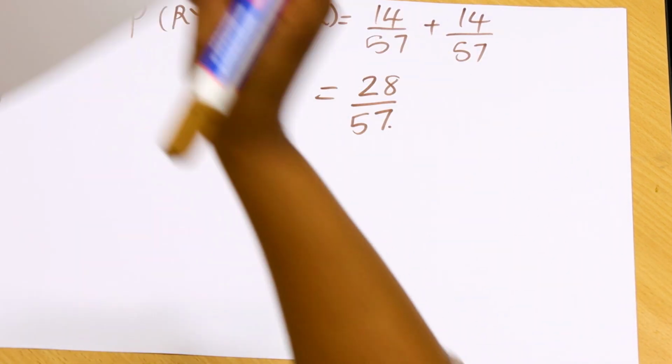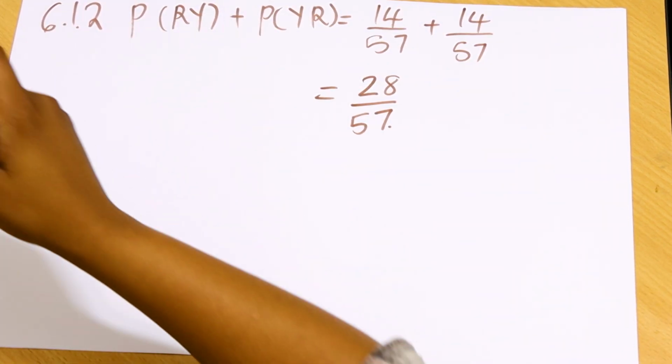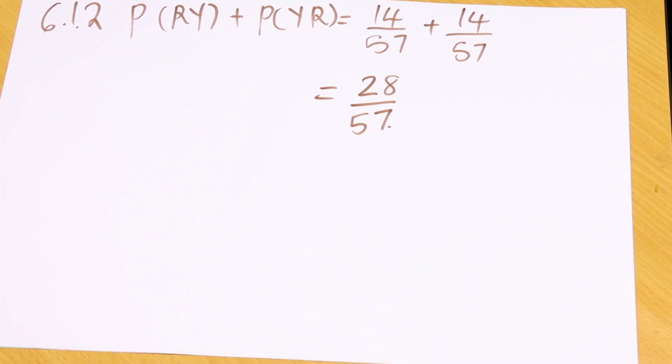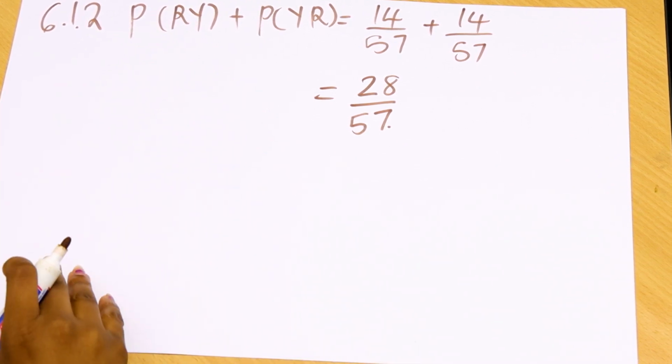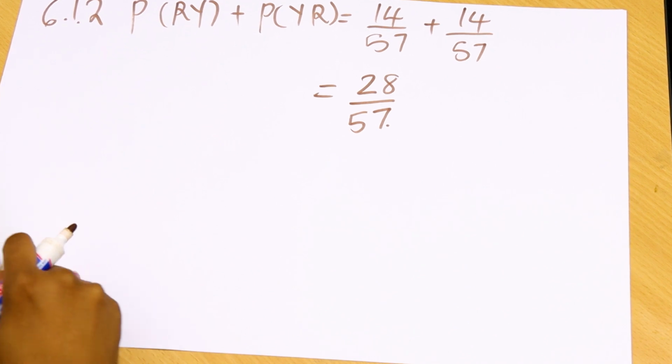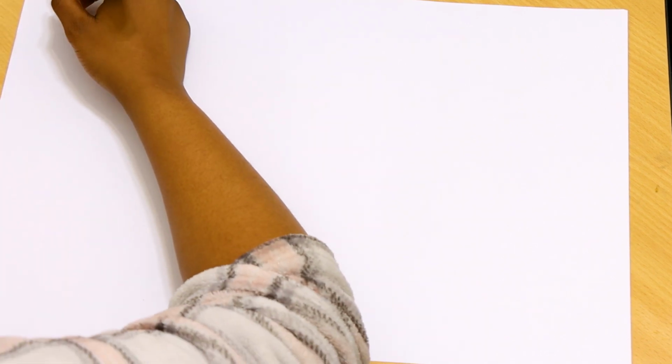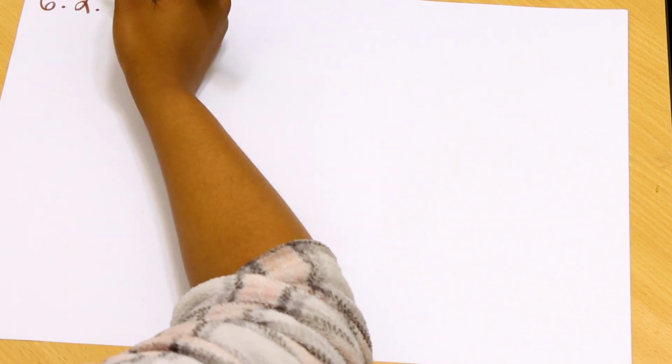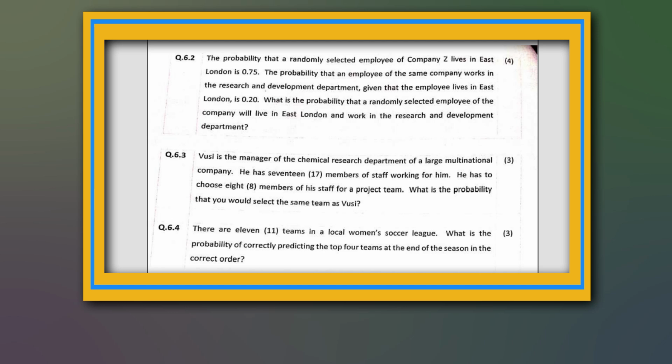Okay. So the question after that is different, it is on conditional probabilities, question 6.2. So I'll just start on a new page. Question 6.2 says, the probability that a randomly selected employee of company Z lives in East London is 0.75.